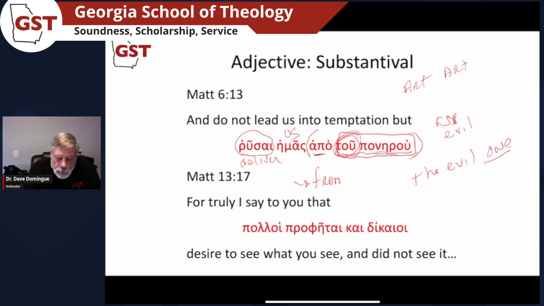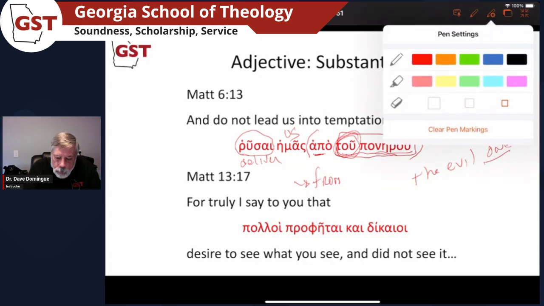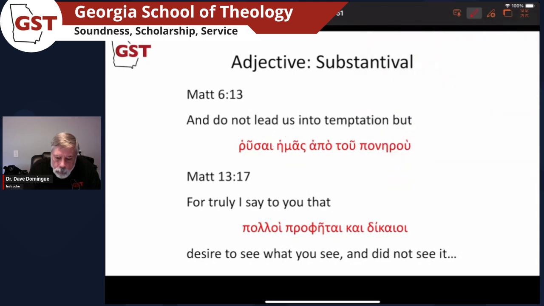Let's see if I got this right. Hold on. There's our prepositional phrase. From evil, the evil, literally. And here's our adjective, evil.